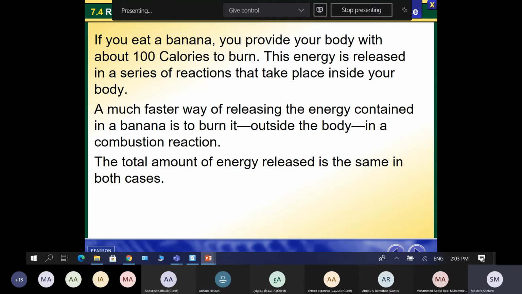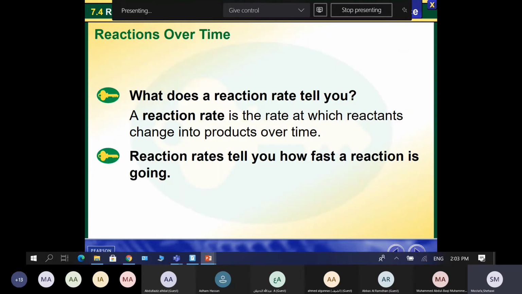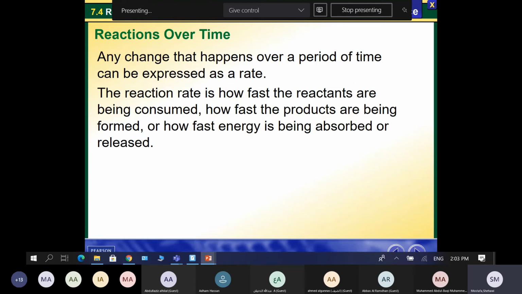If we take the energy in the banana and burn it outside the body, this would be a very fast reaction. In the body, if we digest it and take the energy out of the banana, we will have the same amount of energy because we have the same banana. But outside the body, burning is so fast. So we're talking about how fast a chemical reaction can happen. The same chemical reaction can happen at different rates, depending on the circumstances the reaction is occurring in.